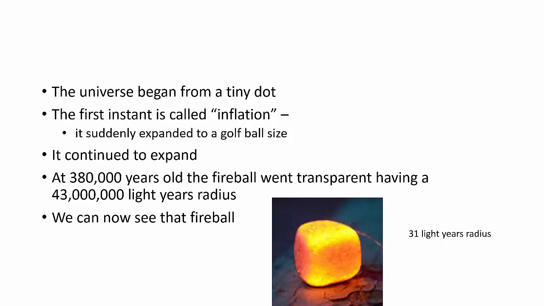But I thought I'd stop and ask the question, given the mass of the universe, at what time was it the mass of a hot lump of coal, an ember? If you get a chunk of coal out of your fireplace, that's what it looks most like, just a glowing ember. At that point it was 31 light years in radius.